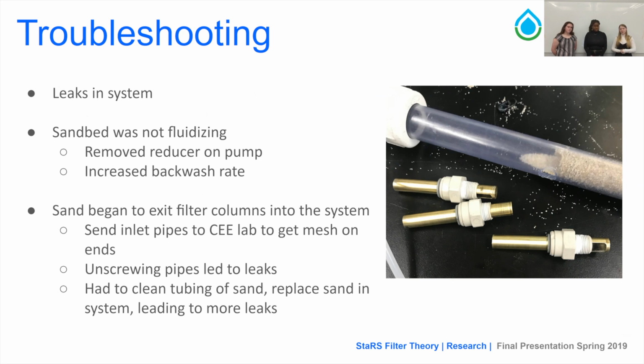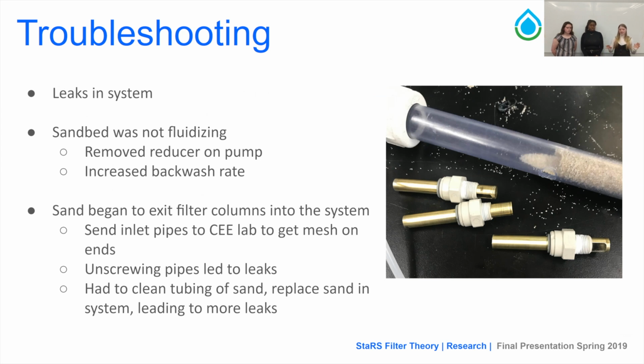So as a result of optimizing our solution, we ran into quite a few problems along the way. One of the biggest being leaks in both the system and the pipes for the filters. And so we actually had to replace one of our filter columns with a new one, which took some time. Also, in all 3 of the filters, the sand bed was not fluidizing properly, and therefore we removed a reducer on the pump in order to get an increased backwash rate, and now it's fluidizing as it should be.